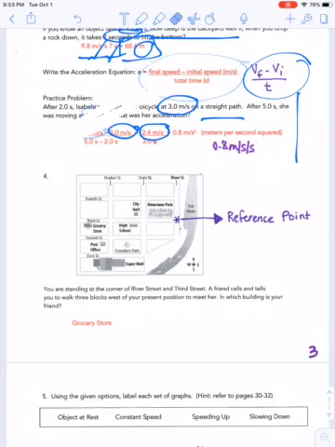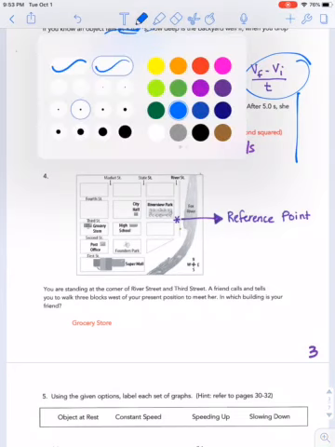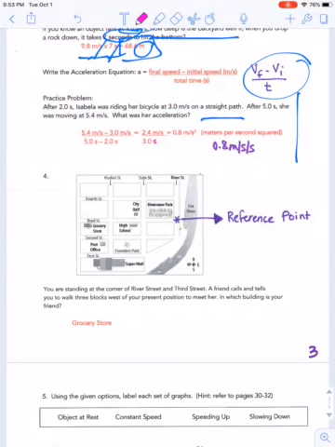I'm going to erase that so we can see that. Go over that one more time. Here is her final. Here is her initial. I'm going to subtract final minus initial, 2.4.